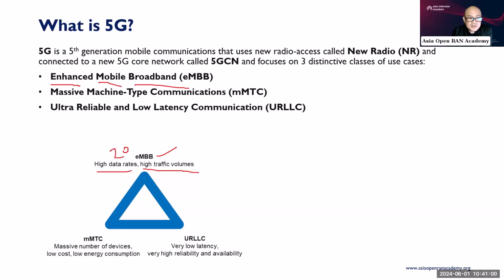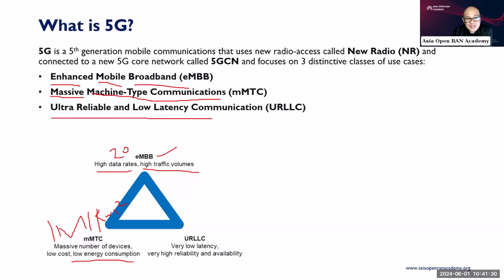Massive machine type communications, meaning massive, many machine type communications, it's IoT, Internet of Things, up to 1 million devices per square kilometer. So that is the capacity of mMTC. It uses also low cost and low energy consumption. The energy consumption lasts up to 10 years. Okay? Before you change the battery.